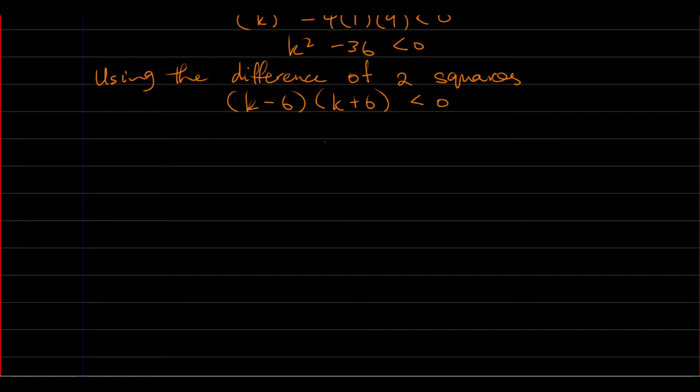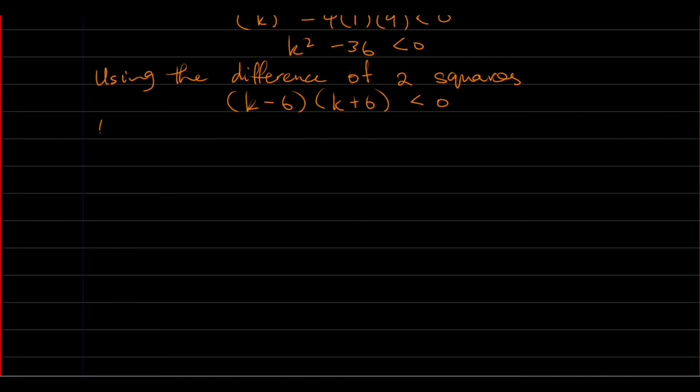Now, for this multiplied by this to be less than 0, it means that either this one here is less than 0 and this one is greater than 0, or this one is greater than 0 and this one is less than 0, right? Those are the two situations in which it could occur. So let's solve that.